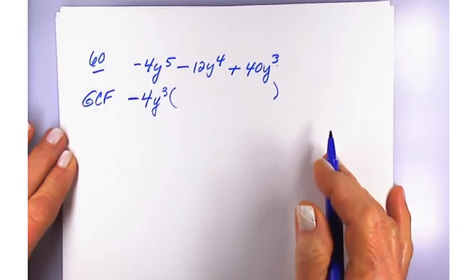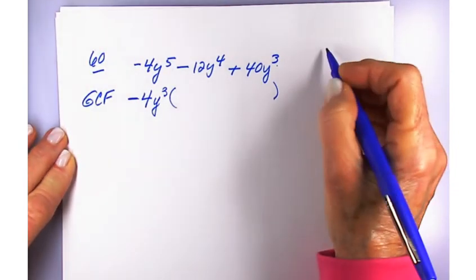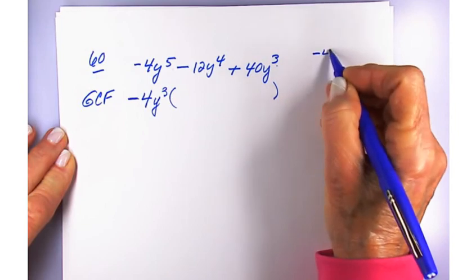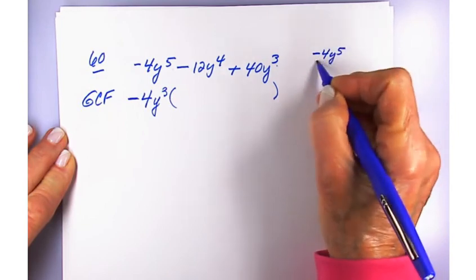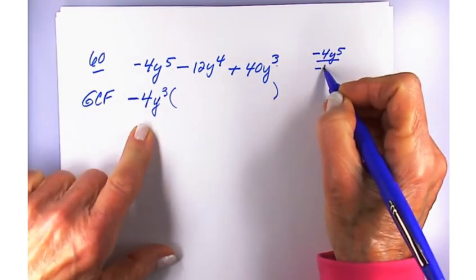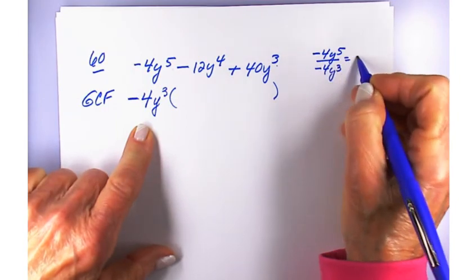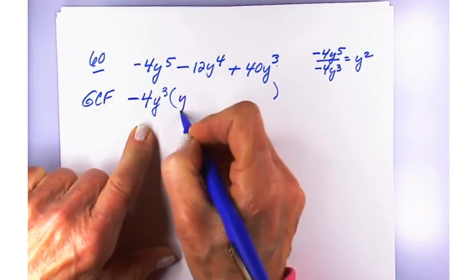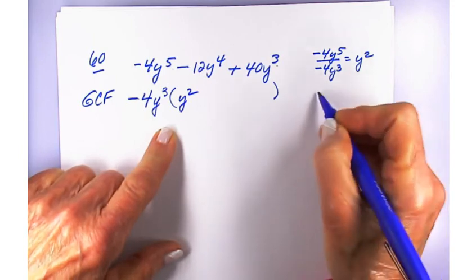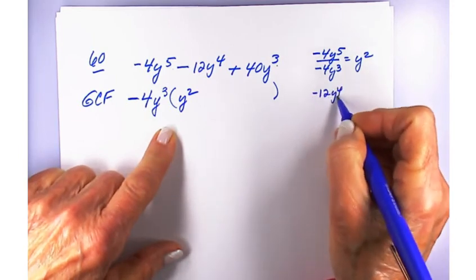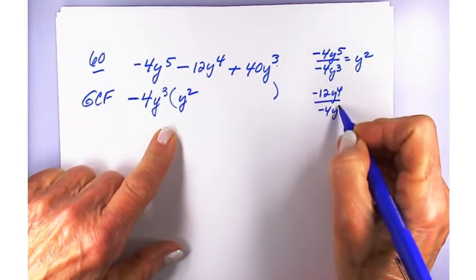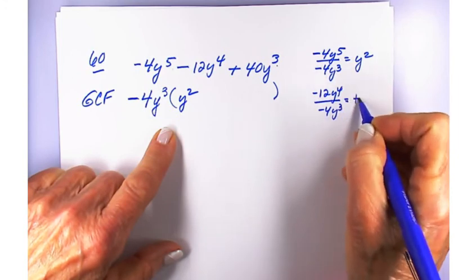So if you're having trouble dividing, it's very easy. Go off to the side. Remember, factoring is a division process, and this will give you y squared. We have minus 12y to the 4 over minus 4y cubed. We get a positive 3y.